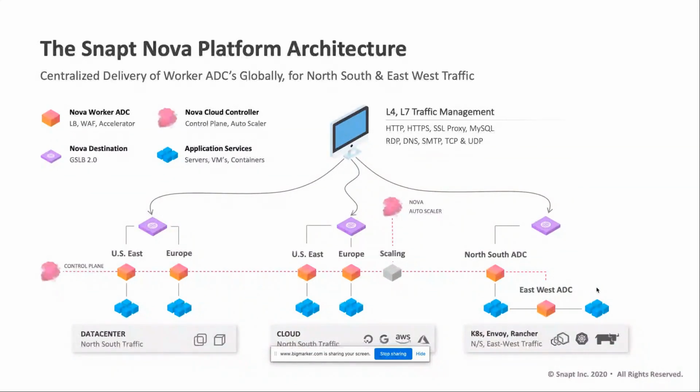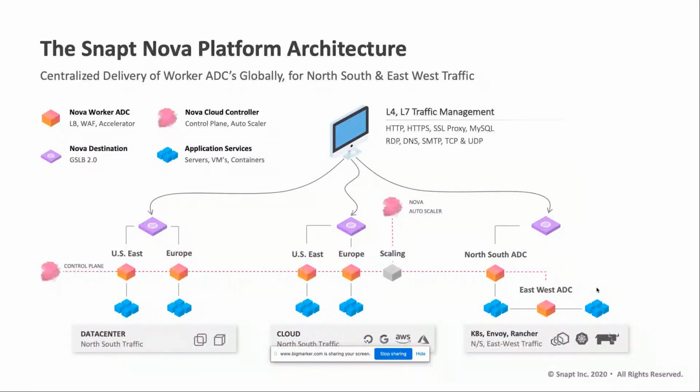In the middle section, where we can see the scaling gray box, we can see the Nova autoscaler function running from the cloud controller, automatically deploying another node, because we've identified that the European node is operating at 80% utilization on CPU because it's the Super Bowl and we have a lot more traffic today. So we might need to deploy instantly another node to be able to handle that traffic. That deployment of an ADC, connecting it to your backend, and of course connecting it to your GSLB, is fully automated in seconds and facilitated by the Nova Cloud Controller.